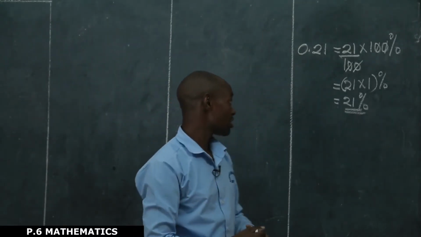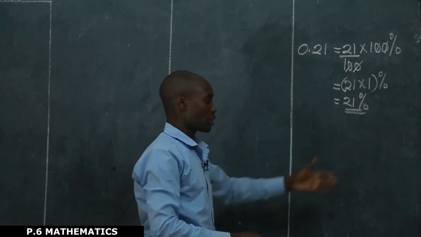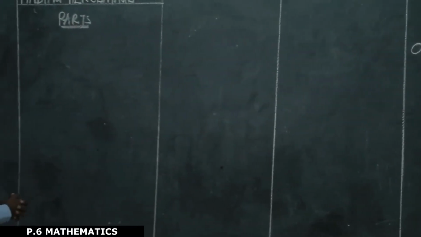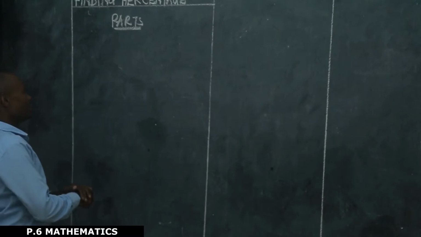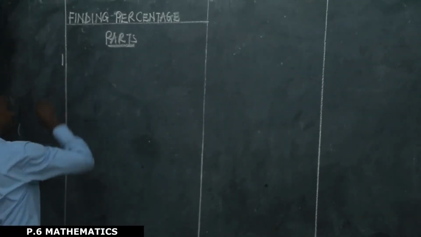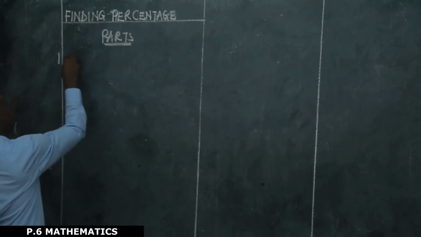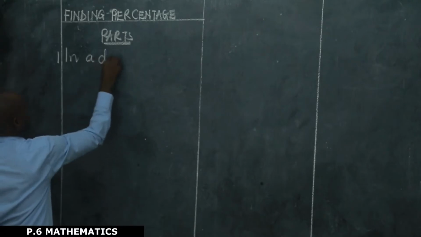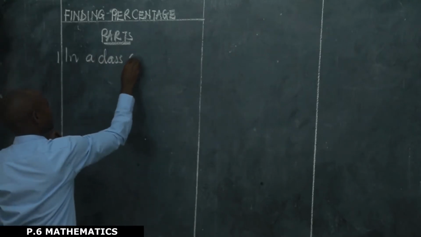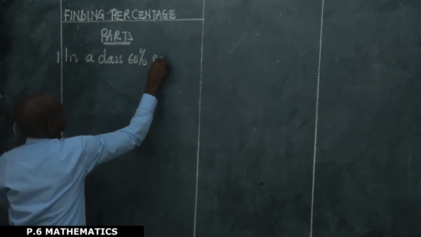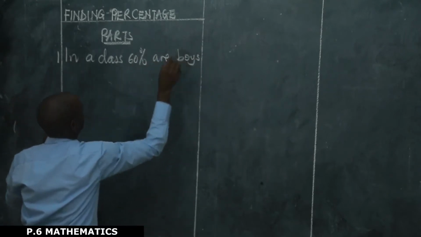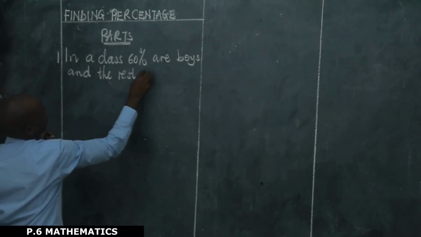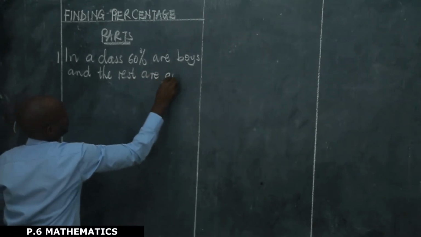So today, we are not going to look at the same, but we are going to look at what we call finding percentage parts. For example, I may tell you that I have a class. In a class, 60% are boys and the rest are girls.